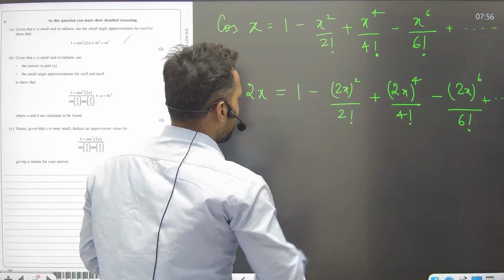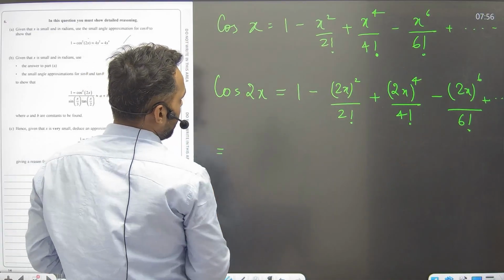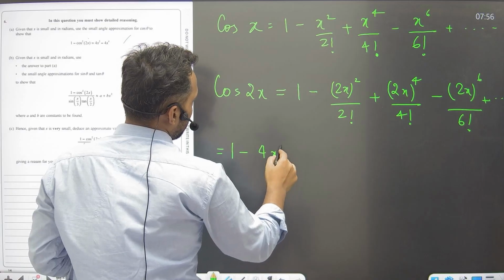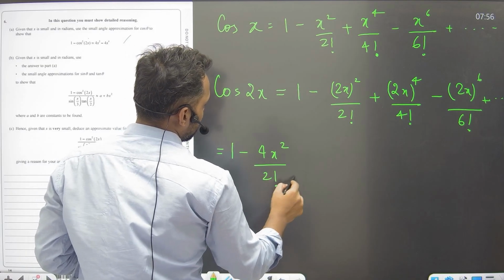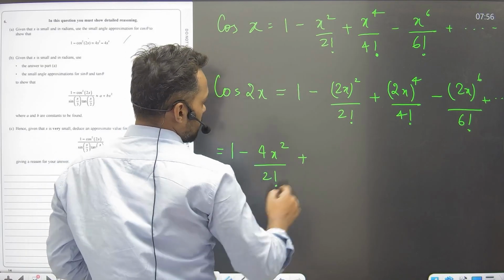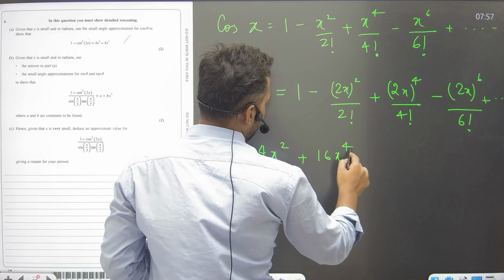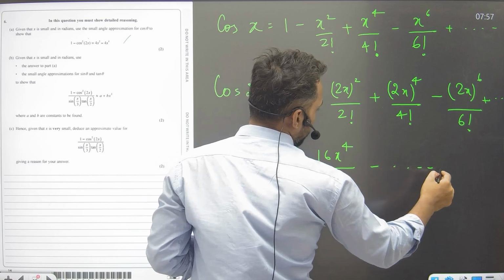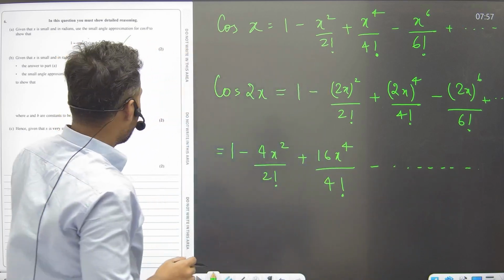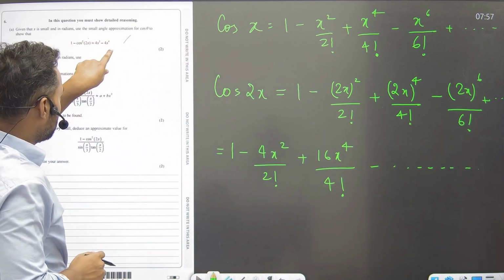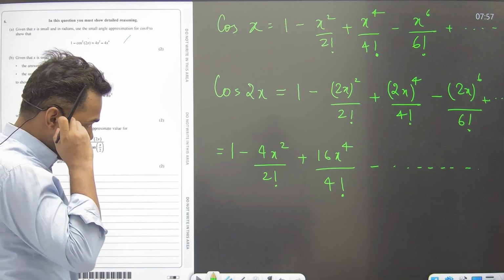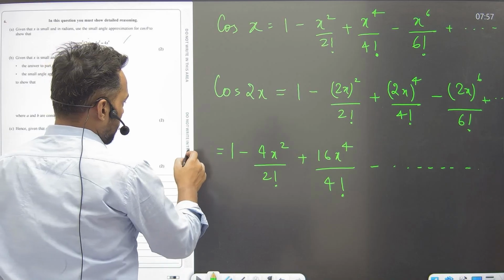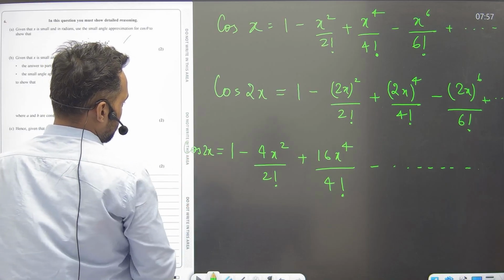This is how the series expands. So you will get 1 minus 4x square upon 2 factorial plus 16x to the power 4 upon 4 factorial. We will not write further because we are only considering the values up to x to the power 4. Till this power it is enough. Now we have got the value of cos 2x.